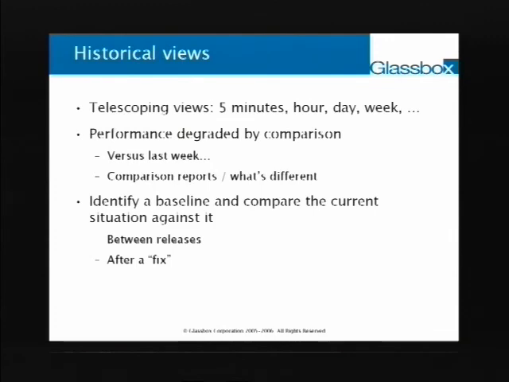Another thing that we often have requested, of course, is more historical views. And our philosophy on that is that we like to have a kind of a telescoping view of history. So you have data about the last 5 minutes, but then you have summarized data about the last hour, the last day, the last week. And a lot of times what we believe is the best predictor of what ought to be happening is what happened a week ago, because things tend to be cyclic in the business world predominantly on a weekly basis.